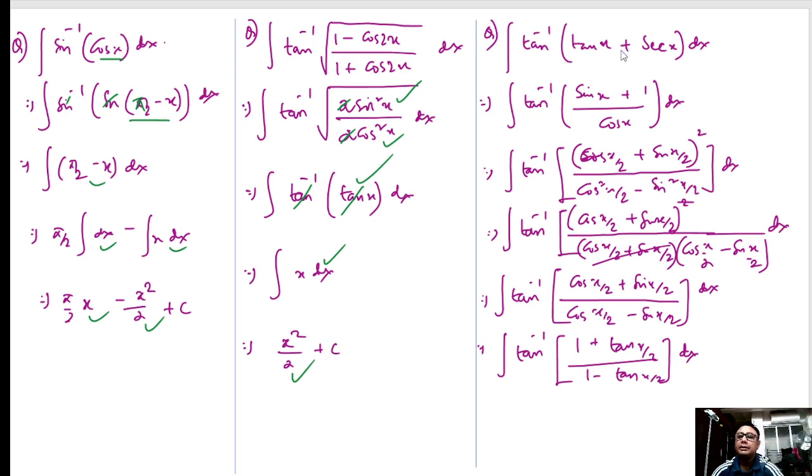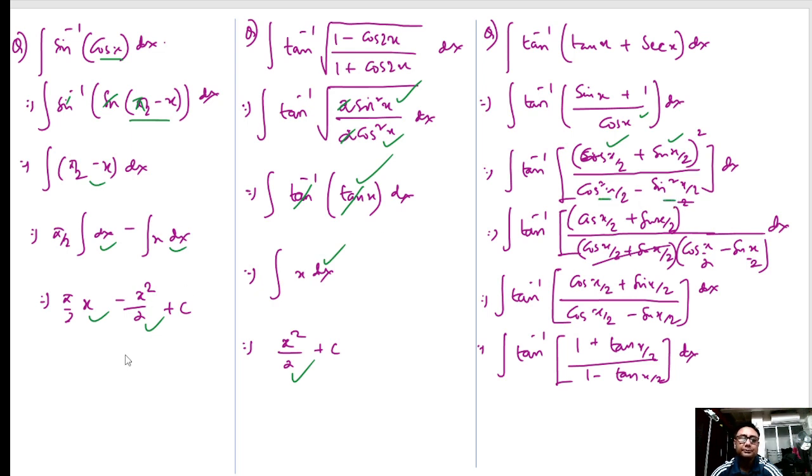Similarly, see tan x plus sec x. So tan x is sin x by cos x and sec x is 1 by cos x. So it becomes this. 1 plus sin x, I told you I can write it as cos x by 2 plus sin x by 2 whole square. Okay, and cos x I can write as cos square x by 2 minus sin square x by 2.